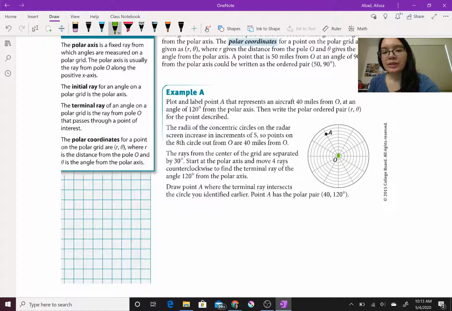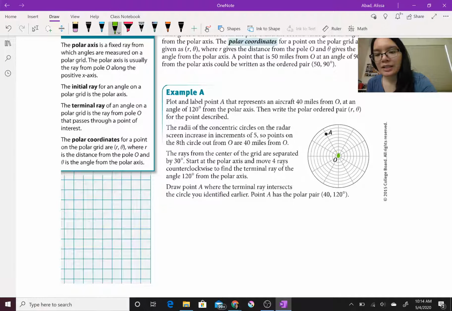So this is showing that these are marking the miles. That's how far away A is from 0, and it's going by 5. So that's where 40 is on this grid. And then to show why that's at 120 degrees, say that you're going out, let me label it more accurately.